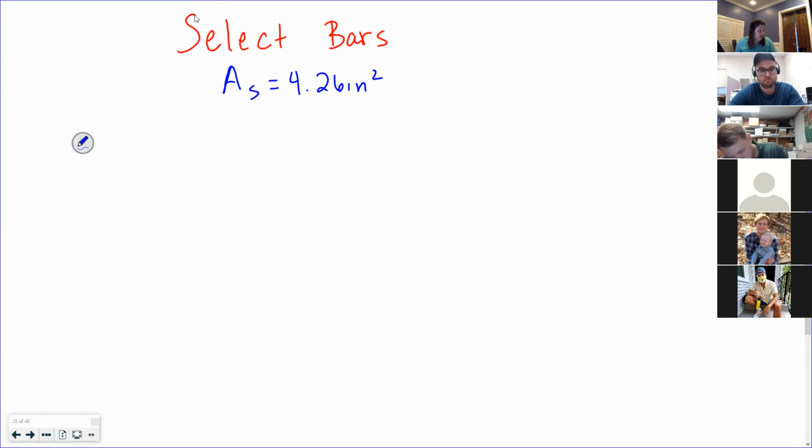I feel like it's better to go a little bit over, but you could use whatever you get for 4.2 and check and calculate your nominal capacity. And if that's fine, then it's fine. This is all based off of a bunch of estimates anyway. Just as long as in the end you're passing your nominal capacity, right, your phi Mn greater than your Mu is really what matters. This is all just methods to determine how to design your beam, right?